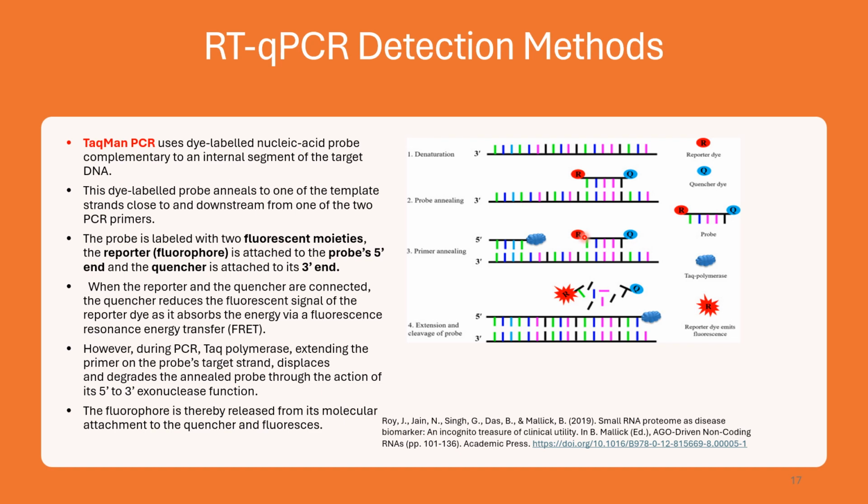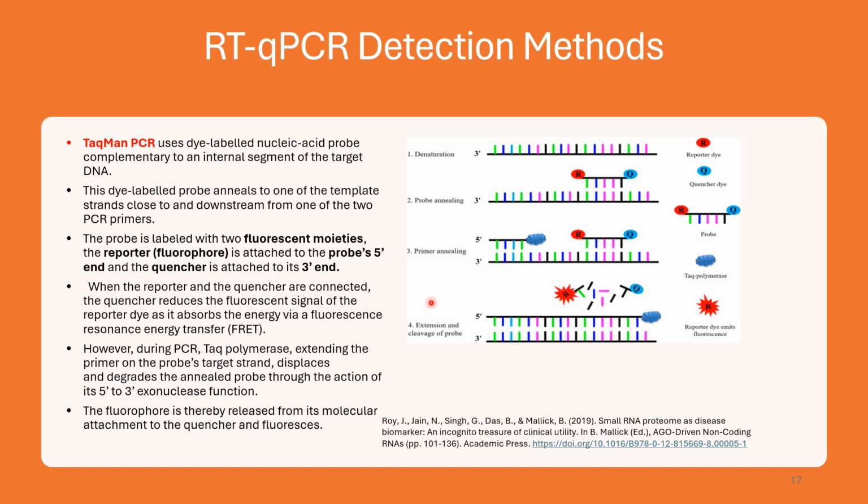However, during PCR, the polymerase extending the primer on the probe's target strand displaces and degrades the annealed probe through the action of 5' to 3' exonuclease function. The fluorophore is released from its molecular attachment to the quencher and starts fluorescing.